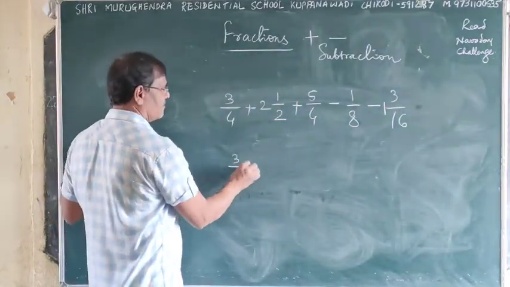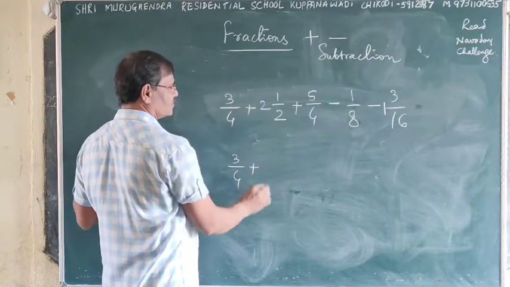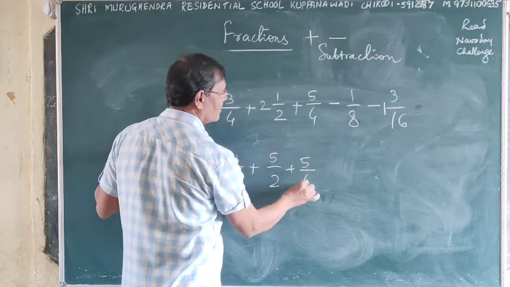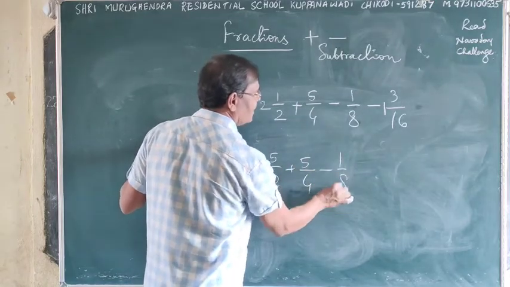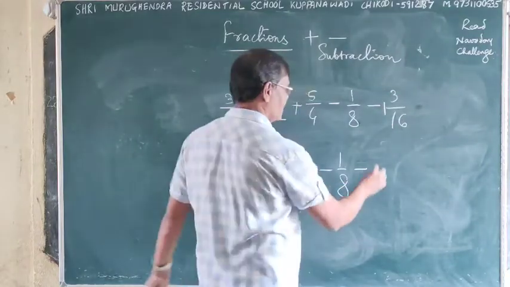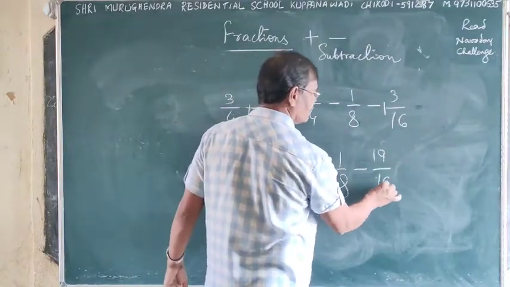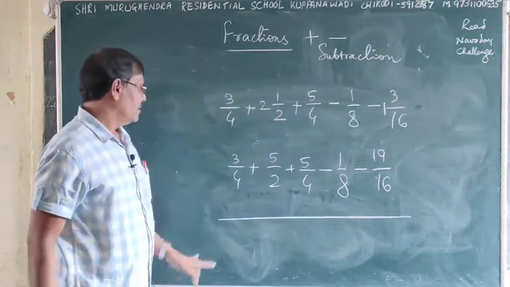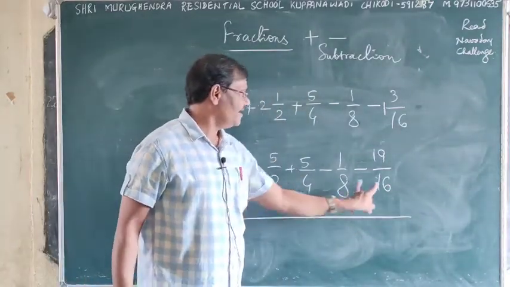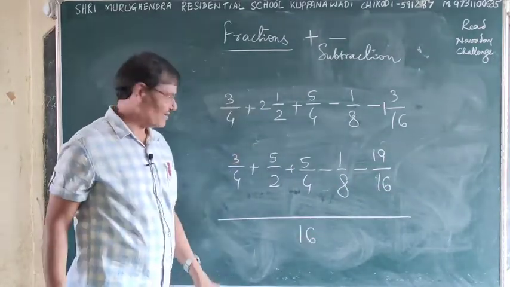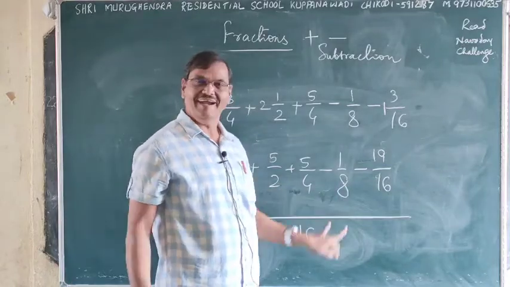3 by 4 plus 2 2s are 4 plus 1, 5 by 2 plus 5 by 4 minus 1 by 8 minus 16 1s are 16 plus 3, 19 by 16. Then find the LCM. 4, 2, 4, 8, 16, 16, because 16 is the multiple of 4, 2, 4, 8.